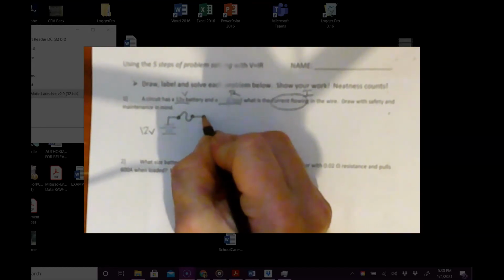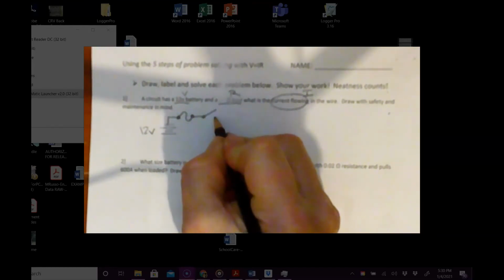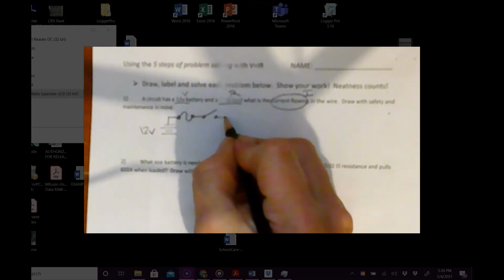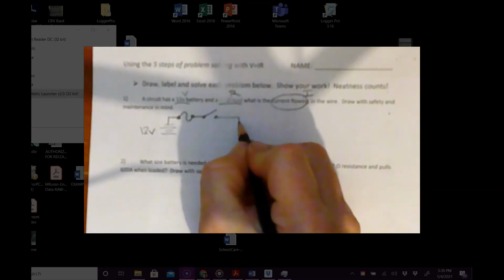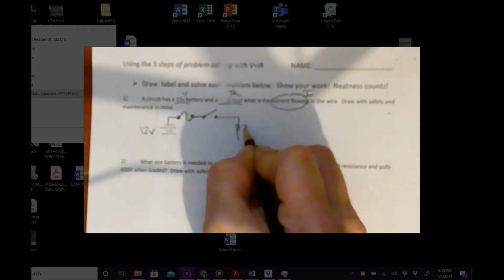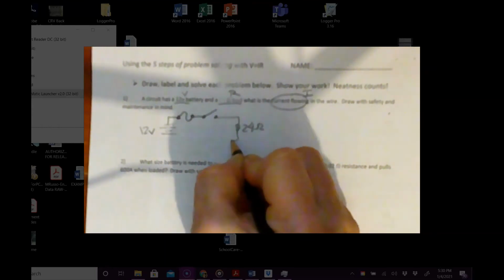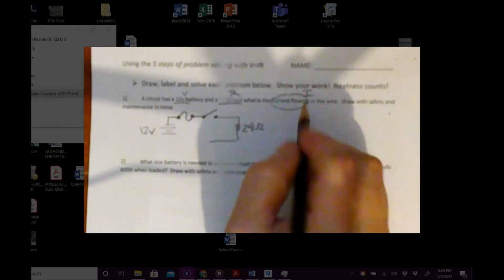I might as well put the switch in right away because that's usually where the fuse is, right near the battery, and so is also your switch. And then I have a load or a resistance, or maybe it's several things, but whatever it is, it's got 24 ohms here. What is the current flowing in the wire?